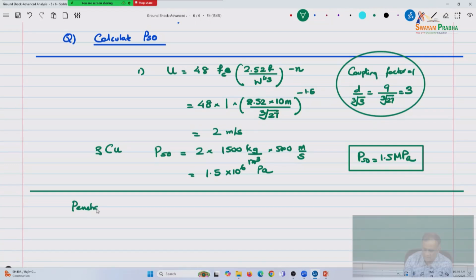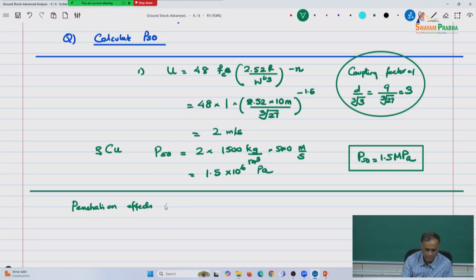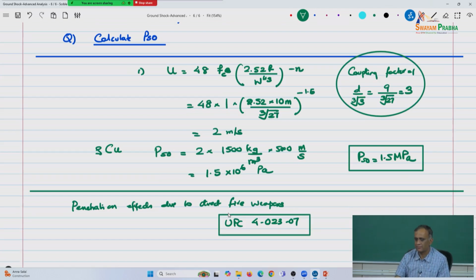Now, in UFC, if you are interested in penetration effects due to direct fire weapons, you have UFC 4-023. Several examples are presented for different types of materials.